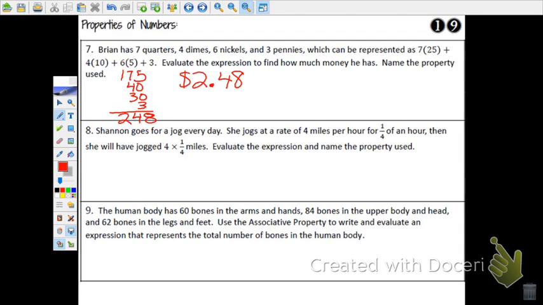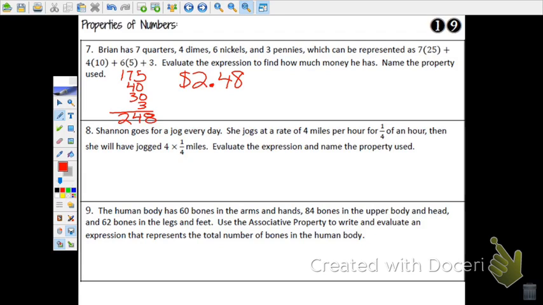Okay. Because this representation here, when they put those numbers in, was in a cent amount. So we have 248 cents, which is $2.48. Now we need to name the property used. Okay.